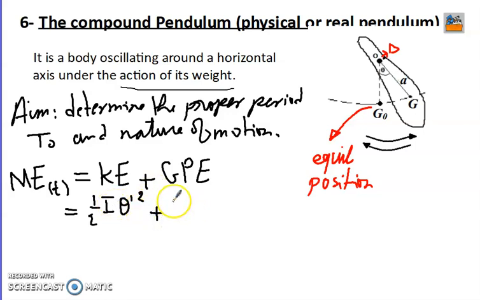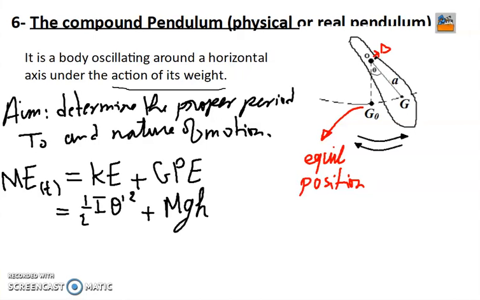Plus mgh. Here I've written plus because I'm going to choose the reference potential at this level. This is the reference level for gravitational potential energy. You could have chosen it passing through O, no problem.